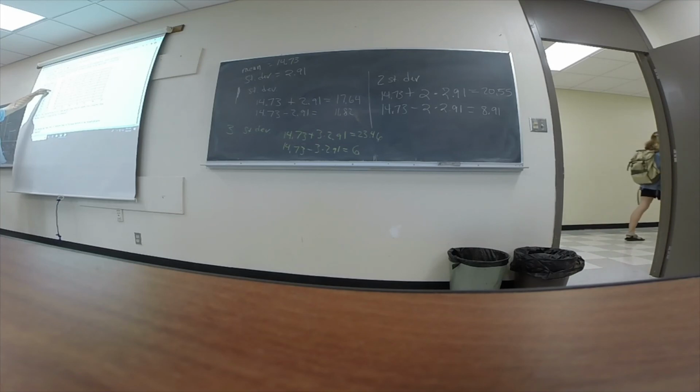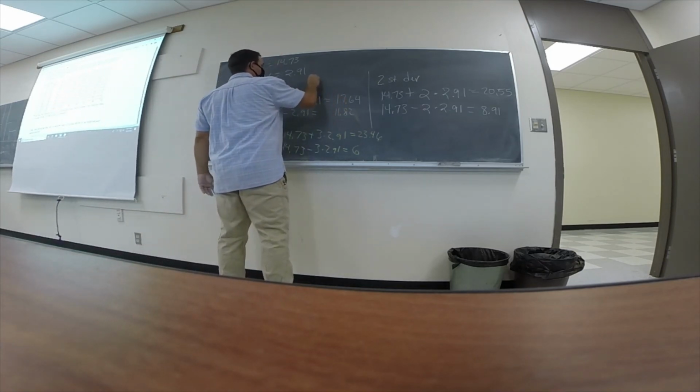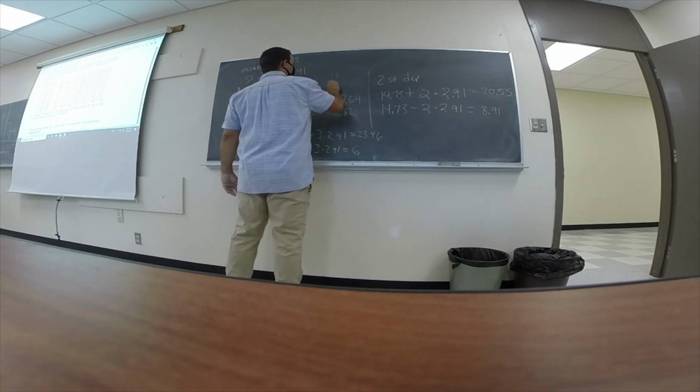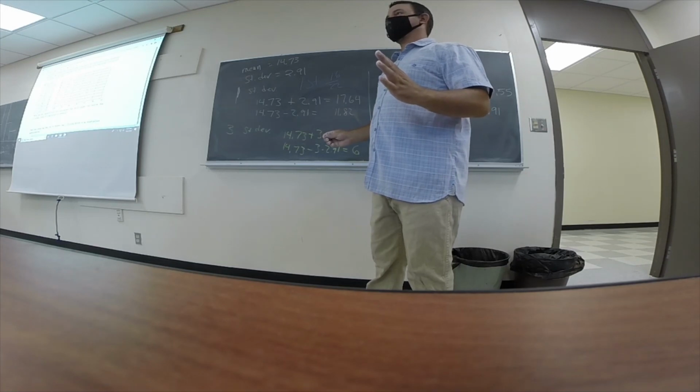Number 10, 11, 12, 13, 14, 15, 16. 16, right? I believe it's 16. It is 16. So, in our first interval, 16 out of 22 values, right? Okay, everybody good with that?